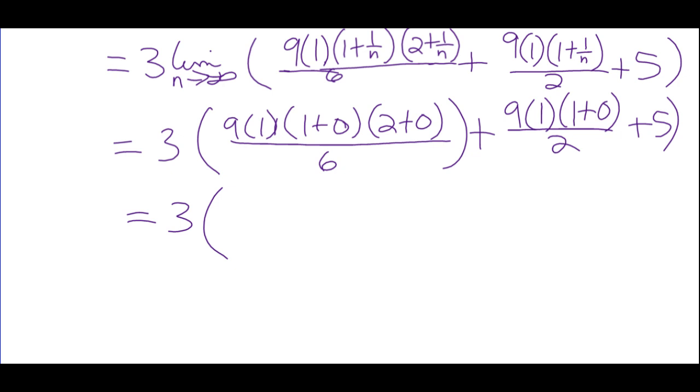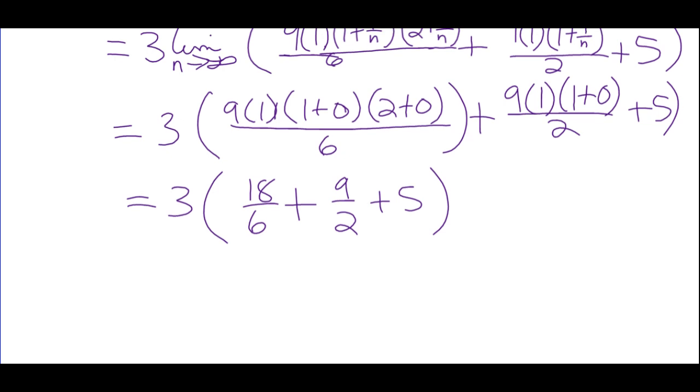All right, so what do we have here? 9 times 1 times 1 times 2 is 18 over 6, plus 9 times 1 over 2, which is 9 over 2, plus 5. So what's that? 3, 4.5, 5.